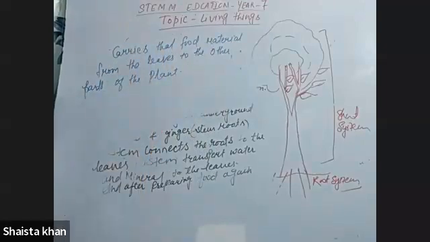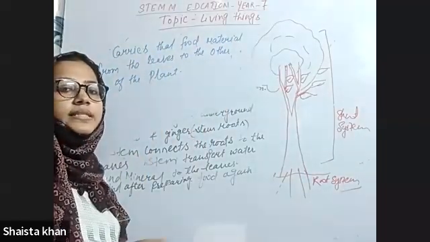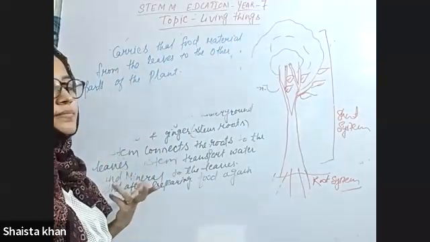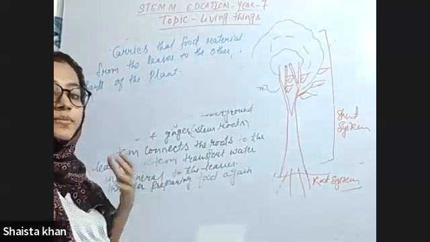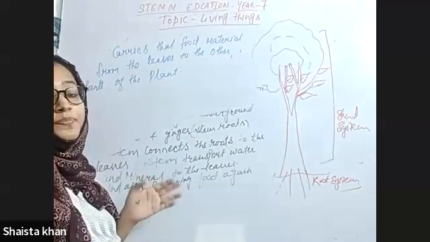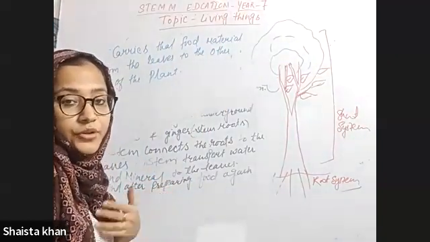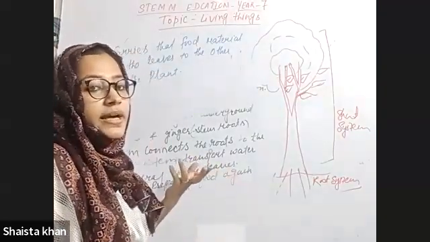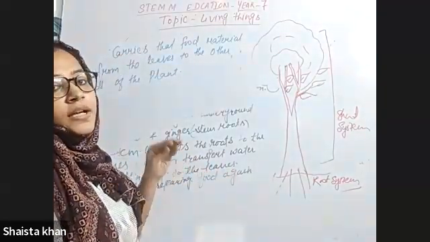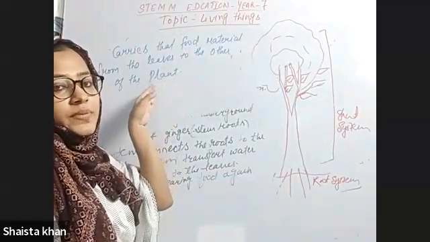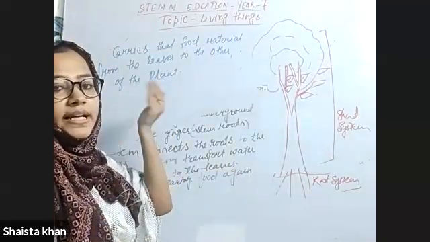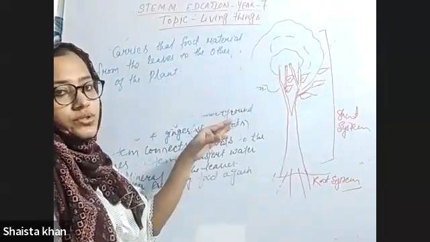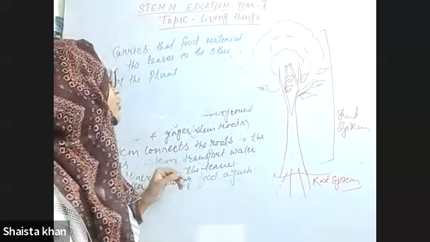Fine. So these are the basic functions of the stems. Stems carry water and mineral to the leaves, where leaves prepare food after performing photosynthesis in the form of starch. Then the food is sent to the stem, so that the stem can send the food to another part of the plant, including roots. Okay, so these are the functions of the stem.